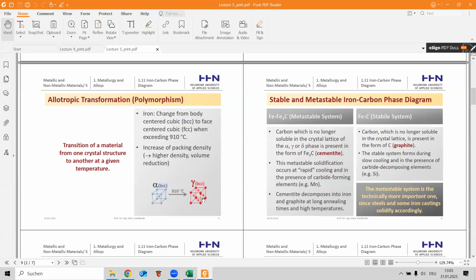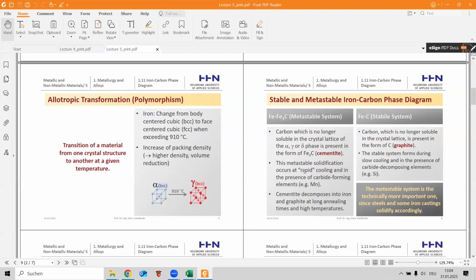Stable and metastable iron carbon phase diagrams. So here, in the metastable system, carbon which is no longer soluble in the crystal lattice of the alpha, gamma, and delta phases is present in the form of cementite, Fe3C.